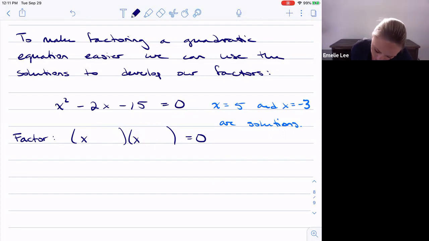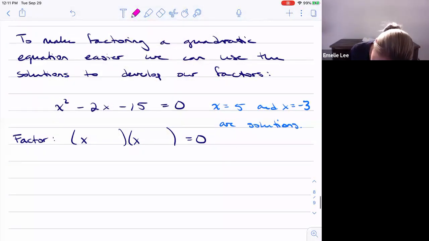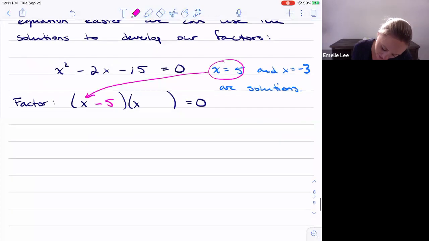And I say, okay, I'm going to need x minus 5 here, because if I plug in x equals 5 here, 5 minus 5 equals 0, making this whole thing true. It has to equal 0. 0 times anything is 0. I'm going to remove this just because it's a little bit messy.